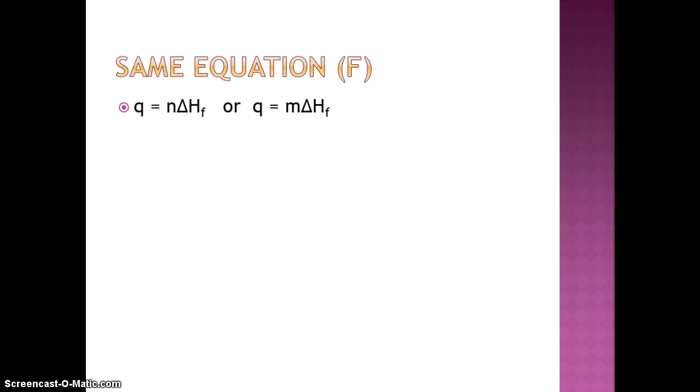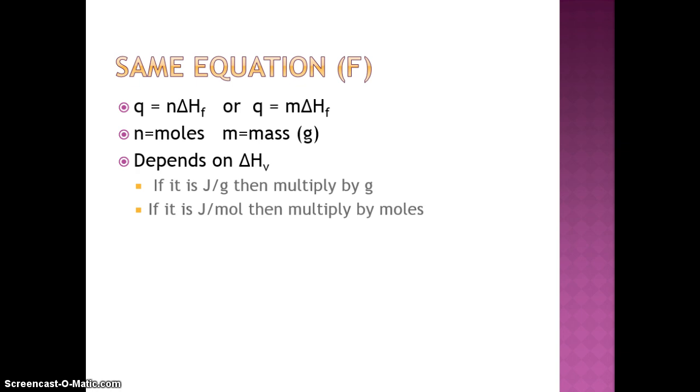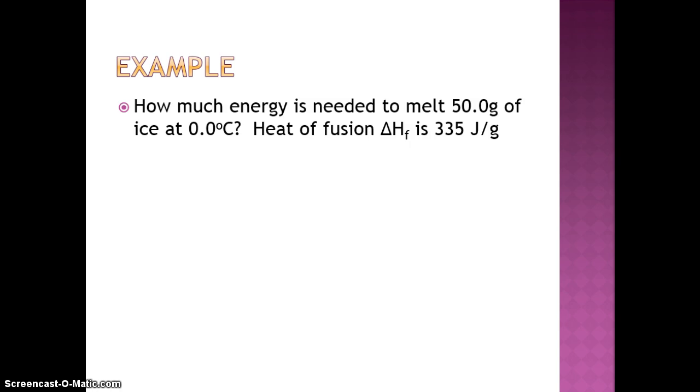So here are my two equations, and they're based on whether I need to cancel moles or whether I need to cancel grams. And I just need to look at the units that are given in the delta H value that I'm given from some reference source. So let's try an example. How much energy is needed to melt 50 grams of ice at 0 degrees Celsius? And the heat of fusion is 335 joules per gram. So I use my equation Q equals m delta H. And why m?